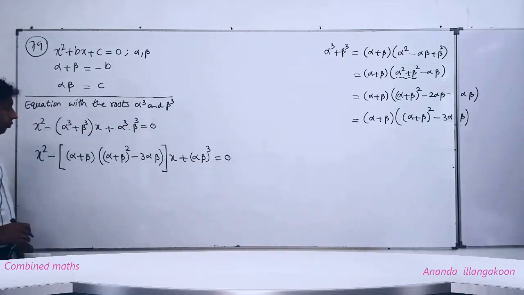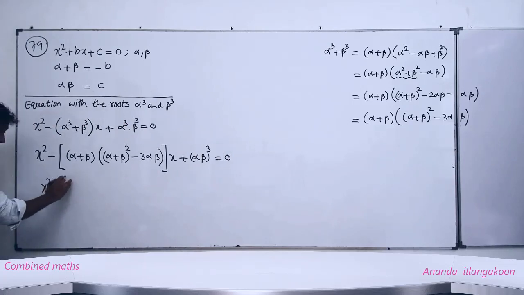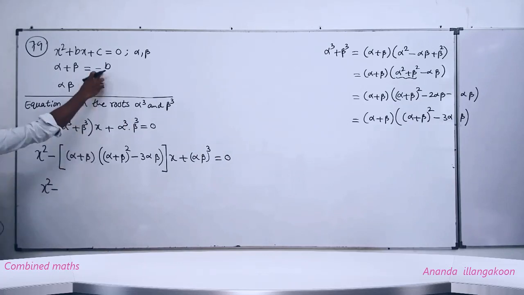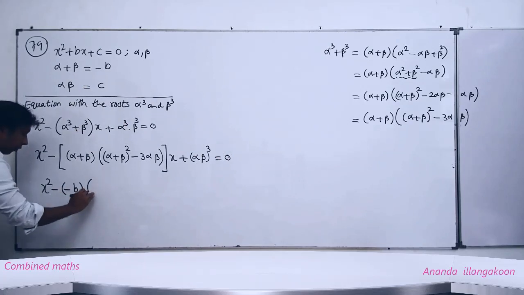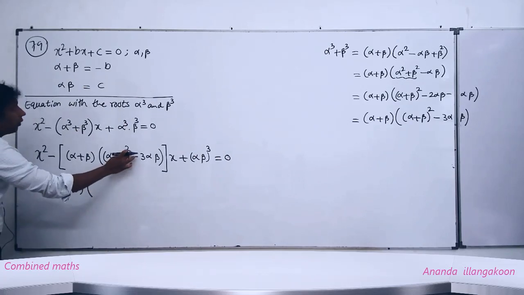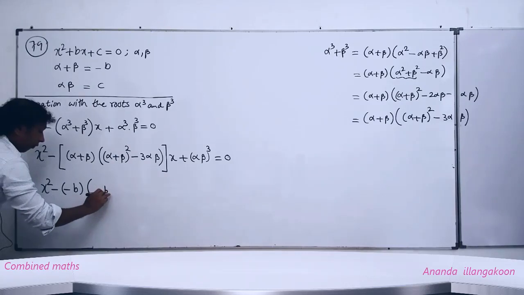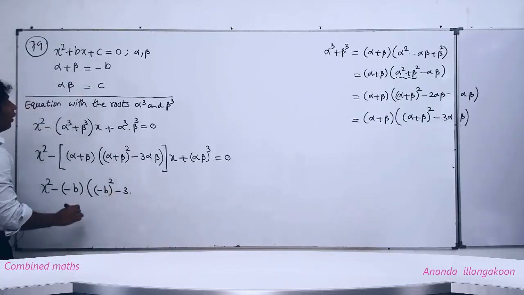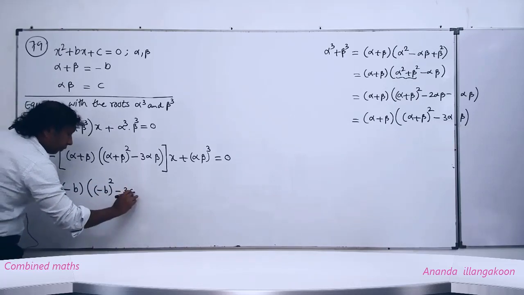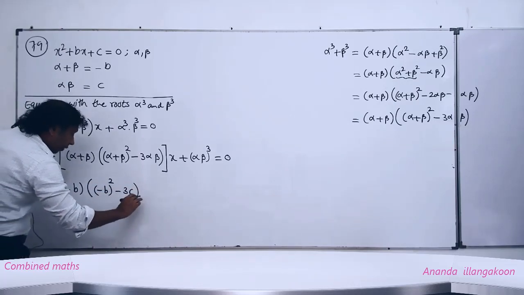Now alpha plus beta is minus b, and within the bracket, alpha plus beta squared means minus b squared, minus 3 times alpha beta, which is c, times x.